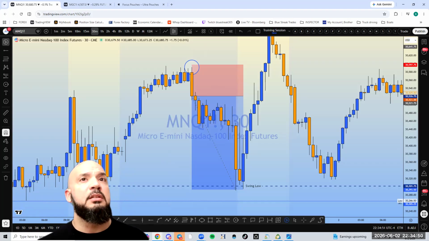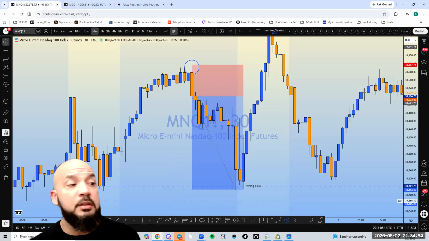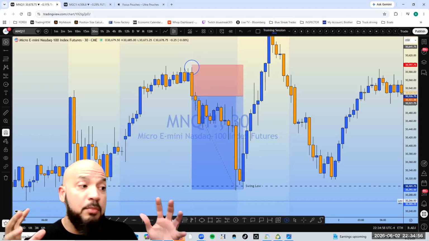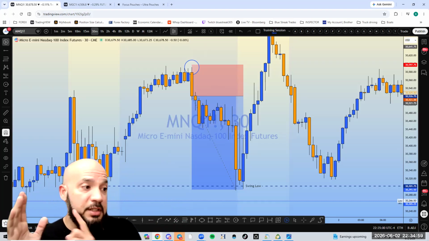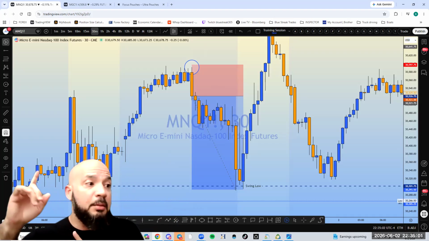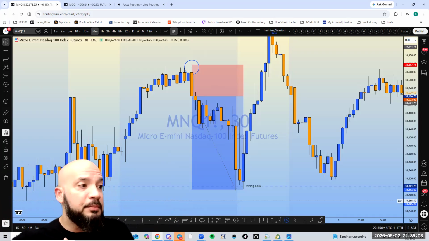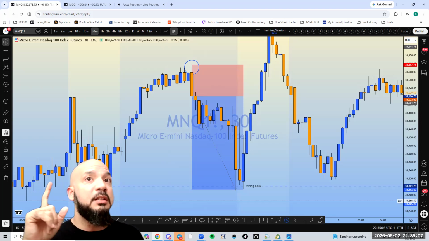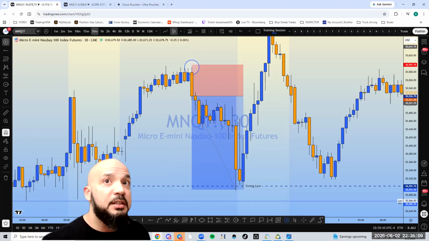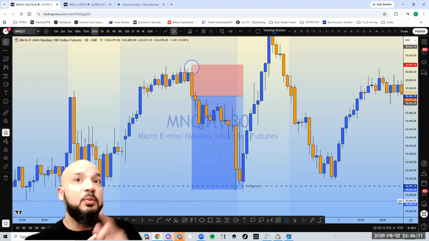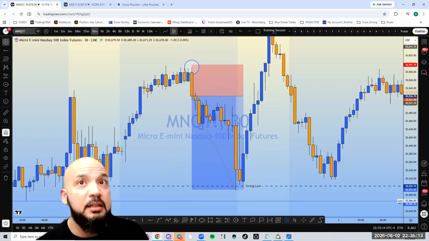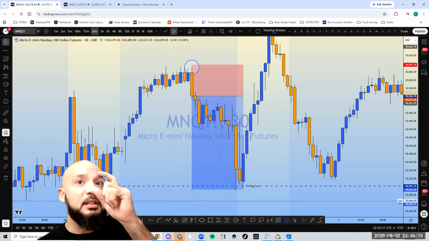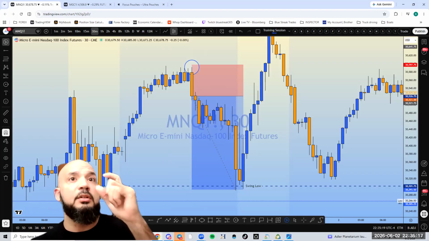This is a checklist. I only sell when market structure is bearish, the overall higher time frame market structure. Remember, top-down analysis. I'm coming from the highest time frame down to the 15-minute. So whatever that tells me, if market structure is bearish, I'm only selling. When price gets into the 618, that's the only area that I'm looking to short.